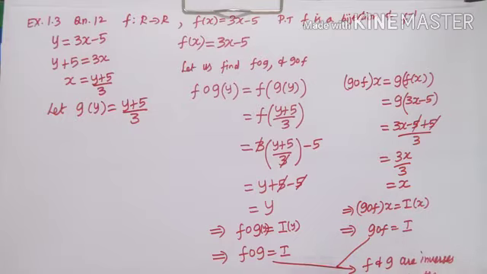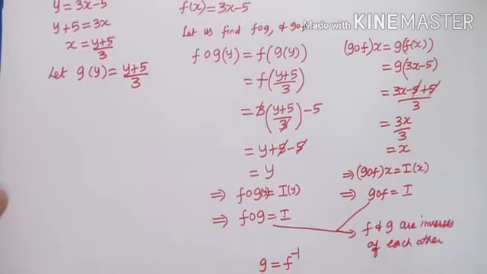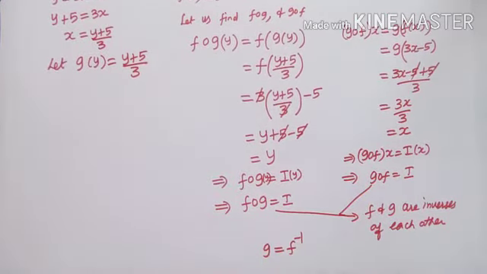So we will say g is nothing but f inverse. f composition g is I, g composition f is I, together imply f and g are inverses of each other, or I will say g is nothing but f inverse.